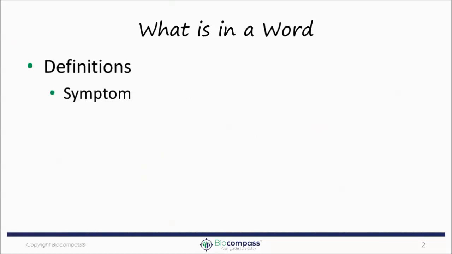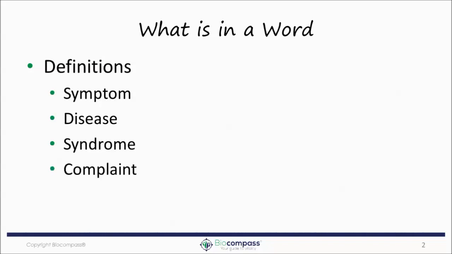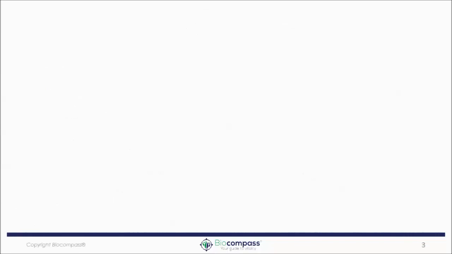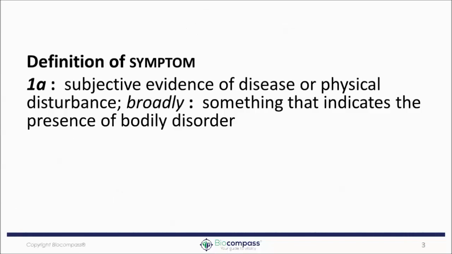We're going to take a look at the definition of symptom, of a disease or an illness, a syndrome, and a complaint. So first, let's start off with the definition of a symptom. According to the dictionary, it's a subjective experience or evidence of a disease or physical disturbance, something that indicates the presence of a bodily disorder.